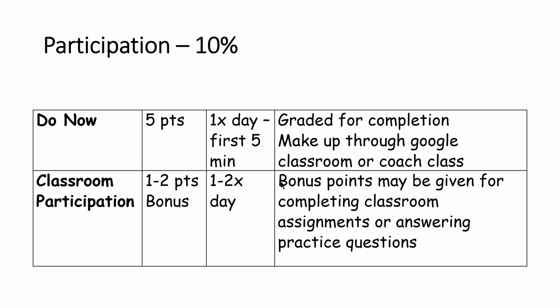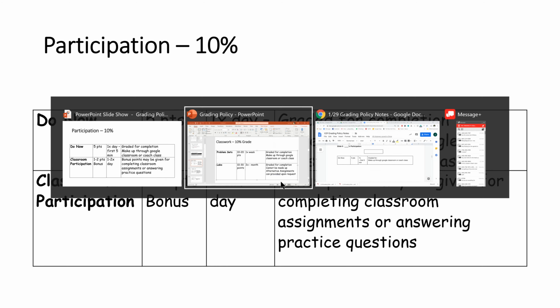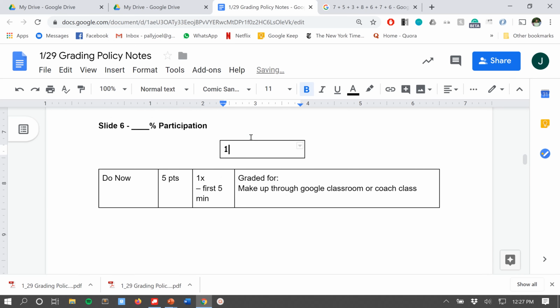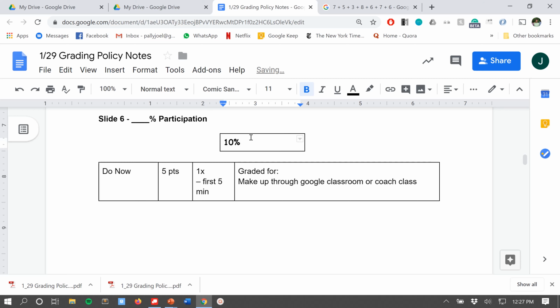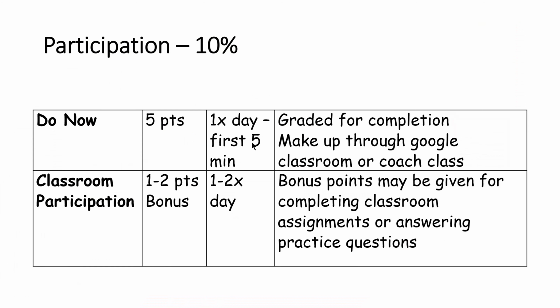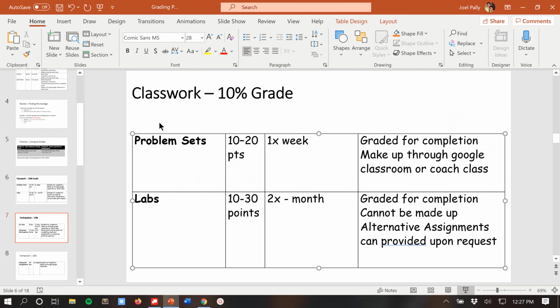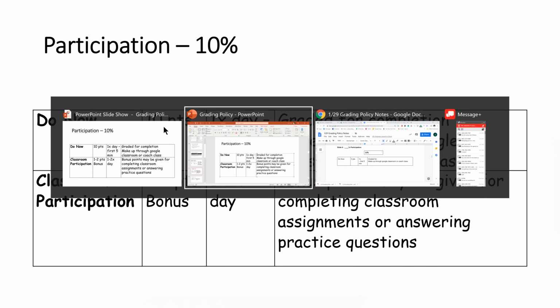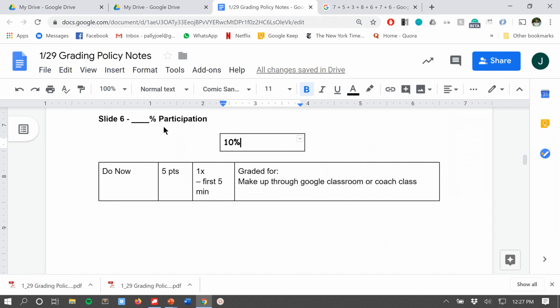Next, we got participation. Participation is also 10% of your grade. So we got participation here, 10%. The main part of participation grade is the do nows. Do nows are actually 10 points, so let me fix that right here. Do nows are 10 points and they happen once a day.